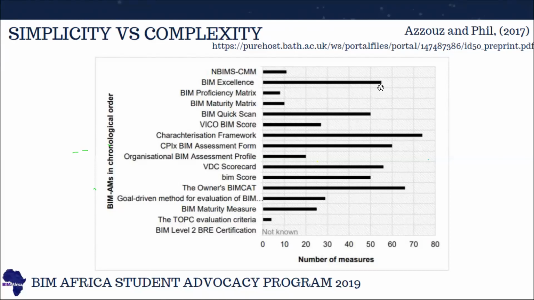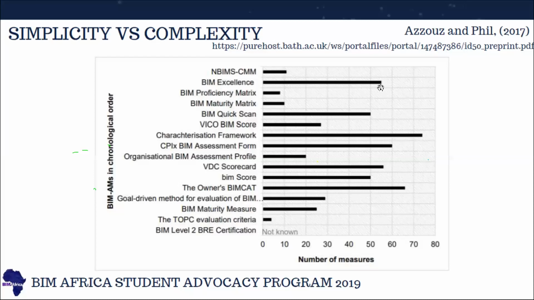Now if it's simple, is it better? If it's complex, is it better? My personal opinion is we have to look at both, because they both have their advantages and disadvantages. If it's simple, that means you can do it frequently to see how things are going in your organization. So it's good to be simple.